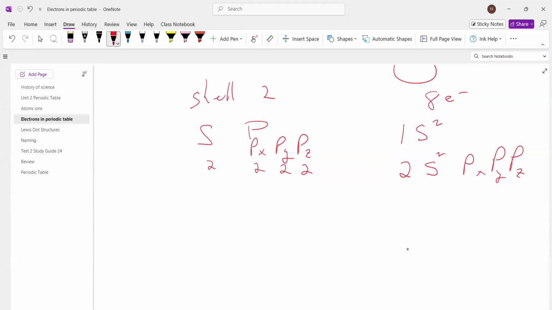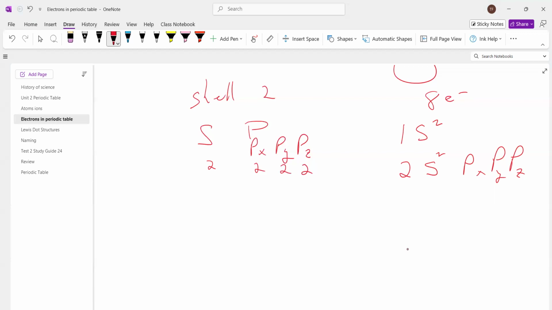Then we have the p subshell, and the p subshell can fit 6 electrons total, but each orbital can only hold 2 electrons max. So if we can fit 6 electrons in the p orbitals, how many electrons per orbital can we put in there? 6 divided by 3 is 2, exactly.